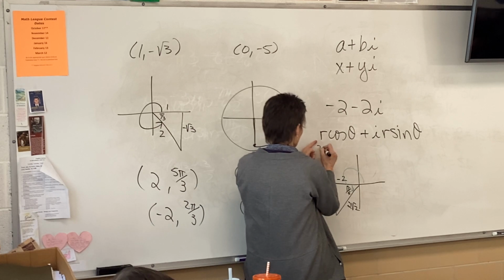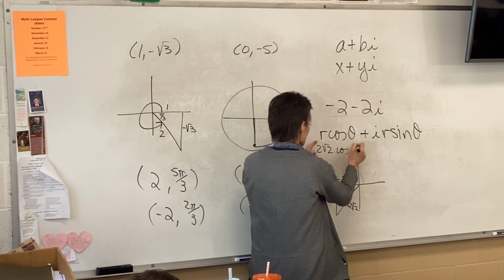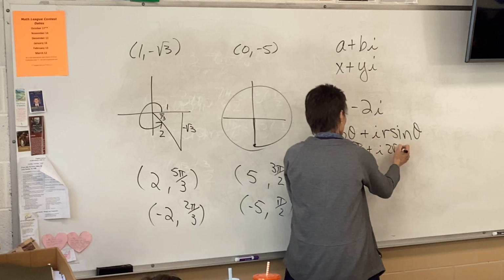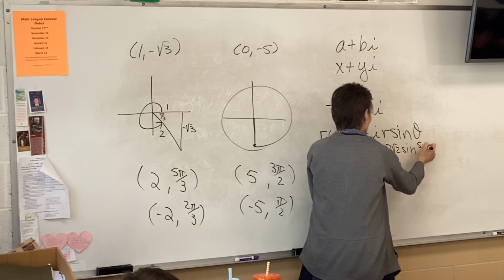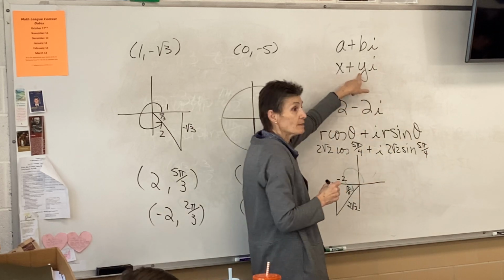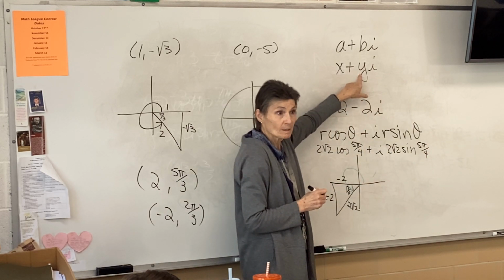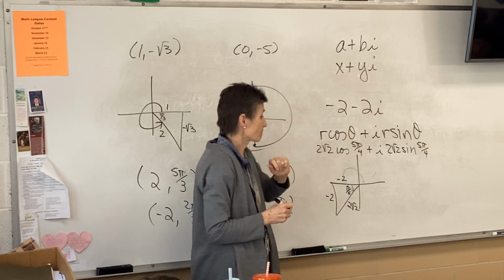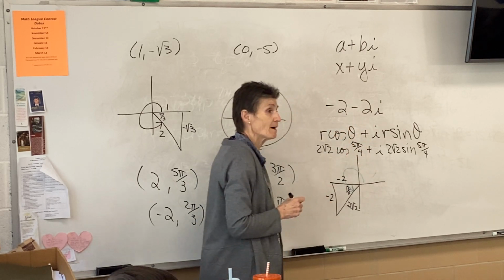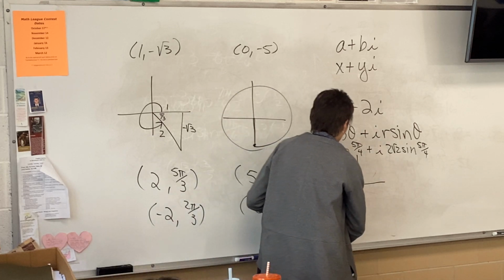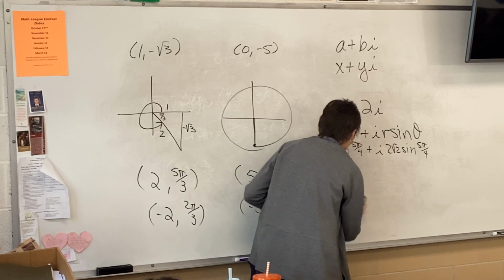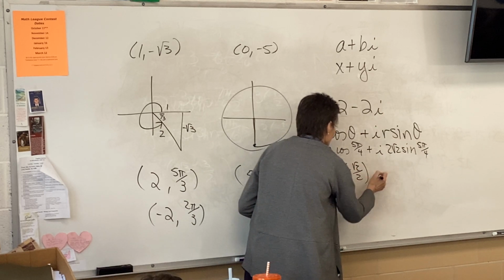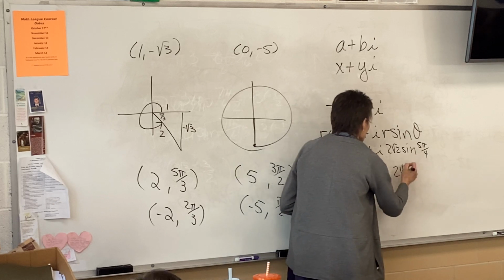So we have 2 root 2 cosine 5 pi over 4, plus i times 2 root 2 sine 5 pi over 4. The i goes with the y, which means it goes with the sine part. Do we know the cosine of 5 pi over 4? Negative root 2 over 2, and likewise for the sine.